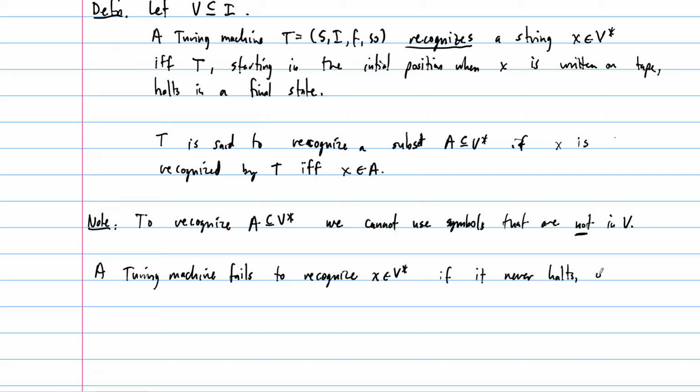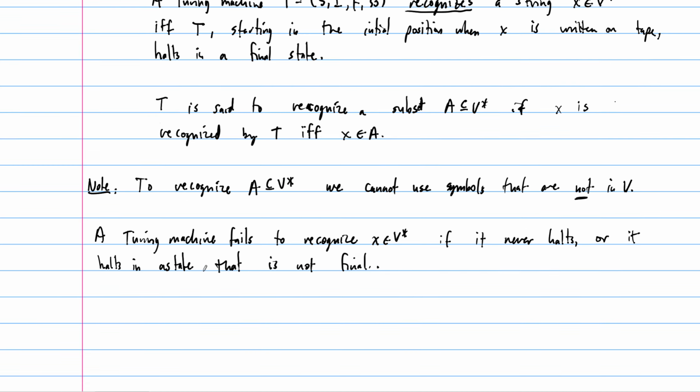Or the other possibility is that it halts, but it's not in a final state. So it halts in a state that is not final. These are the two possibilities of how a machine can fail to recognize a string from a given subset of V star, the set of strings V star.